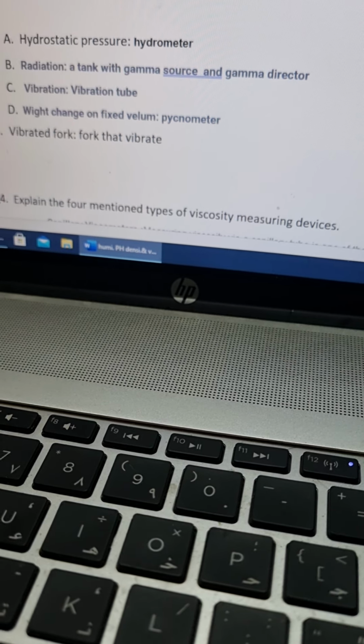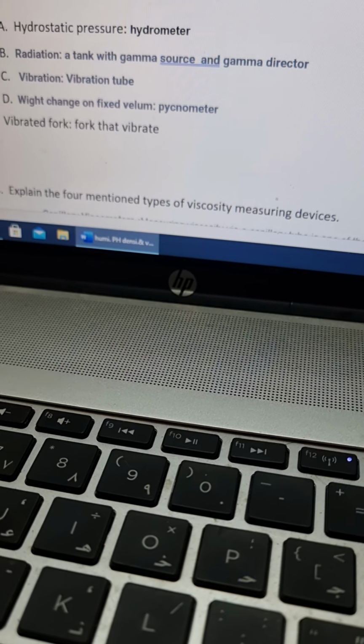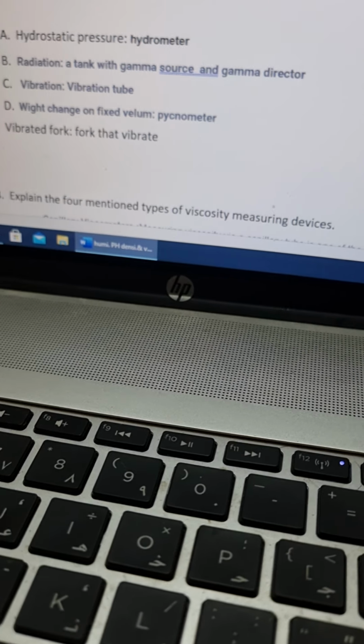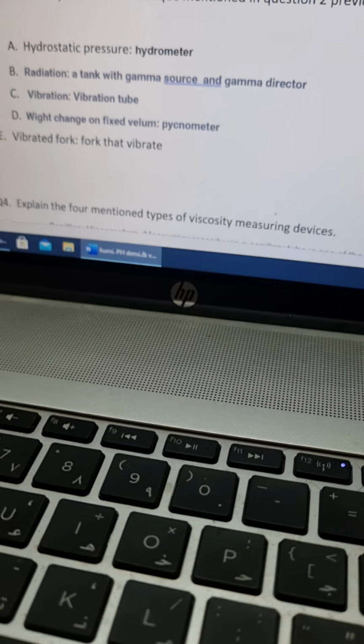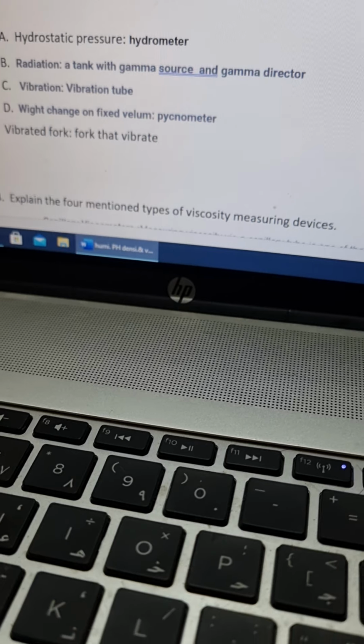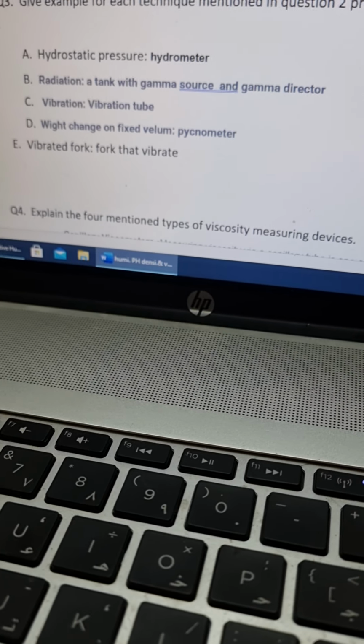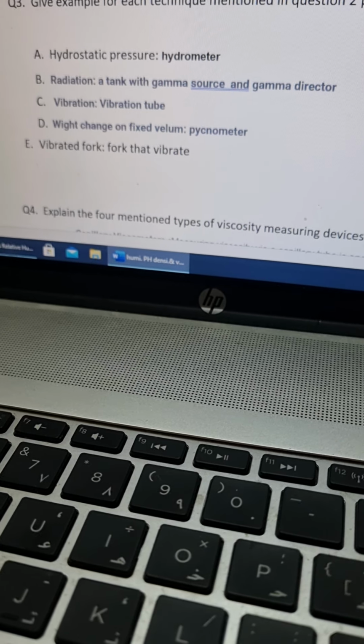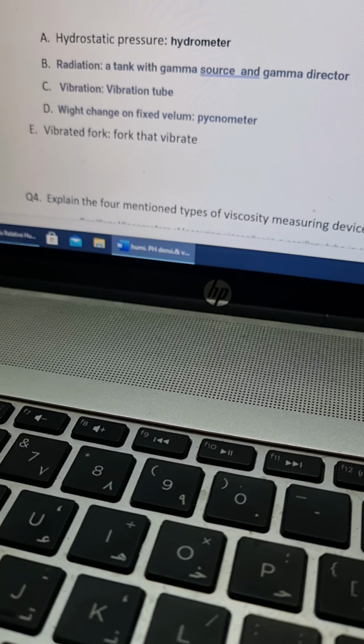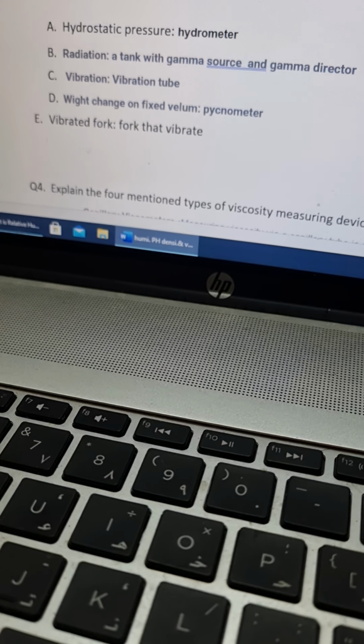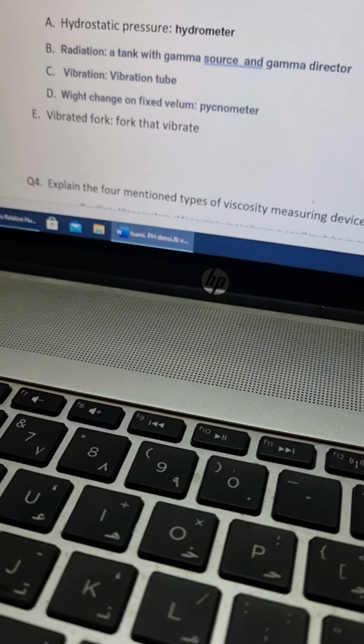At A we have a hydrometer, and the radiation, it's like a tank with a gamma source and gamma detector. And vibration, it's like a vibrating tube. Weight change, picnometer. Vibration fork, it's a vibration fork.